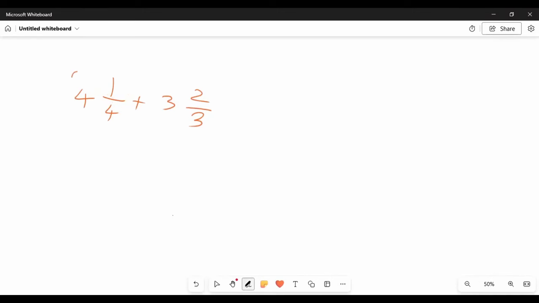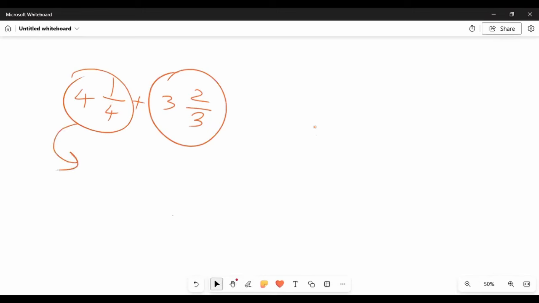But if you convert these mixed numbers to improper, it's going to be 17/4 plus 11/3. This time you will have to deal with only 2 things. Numerator, numerator, denominator, denominator. You got it. So the workings would be easier. Yeah, actually we have to see the LCM, that's the second thing.